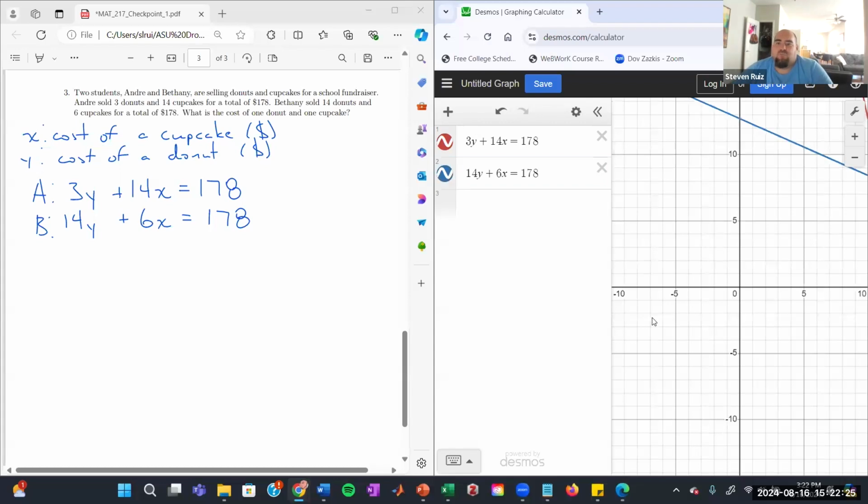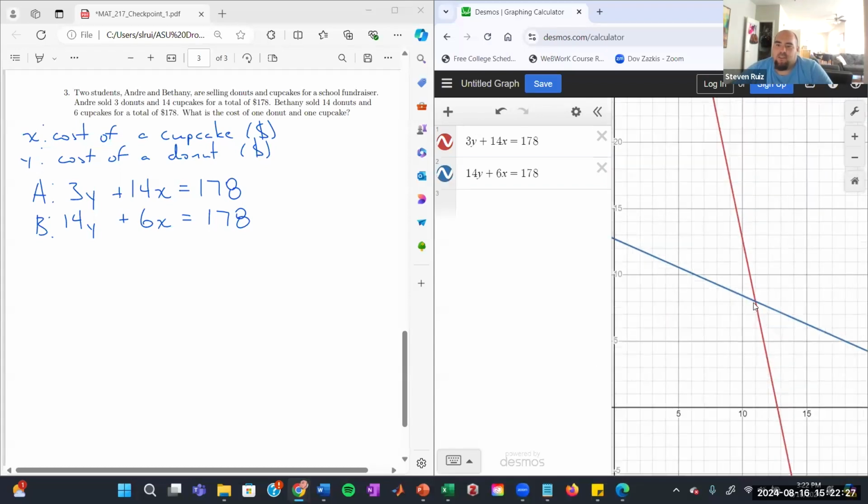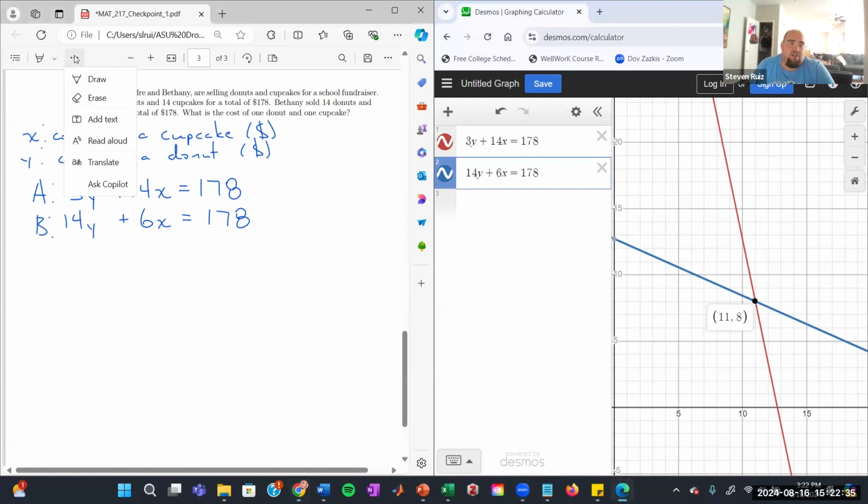Our solution should be where these things cross. Let's see where they cross. Desmos is usually really good about finding those crossing points. So what were we told here? We were given this: x equals 11 and y equals 8.